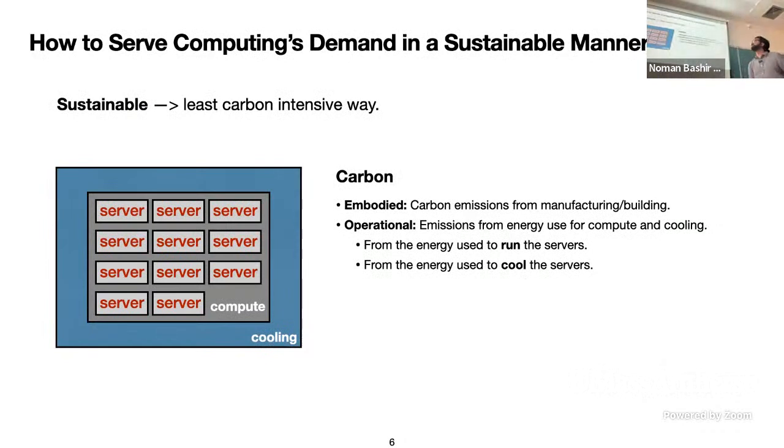Okay, so now the question is, like the title of this lecture, sustainable computing. What does that even mean? And how can we serve this computing demand that is increasing massively in a more sustainable manner? Sustainability can take a lot of different definitions.